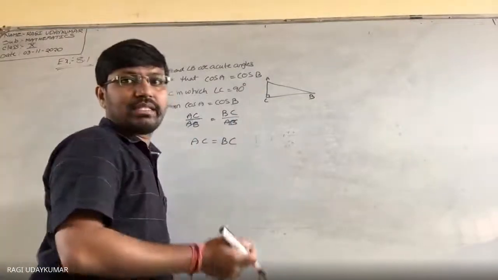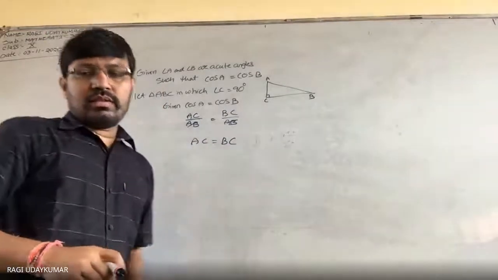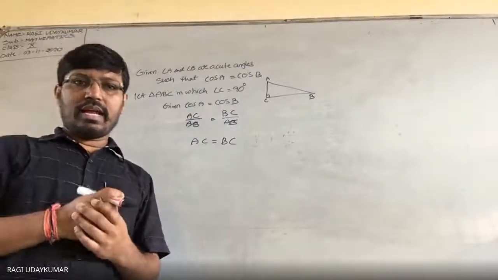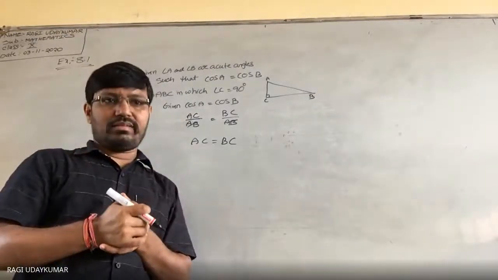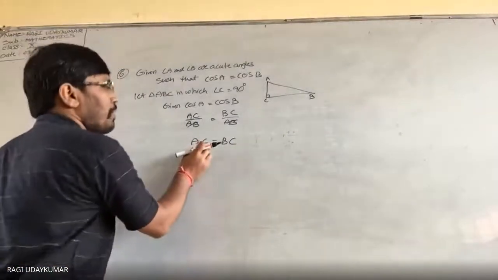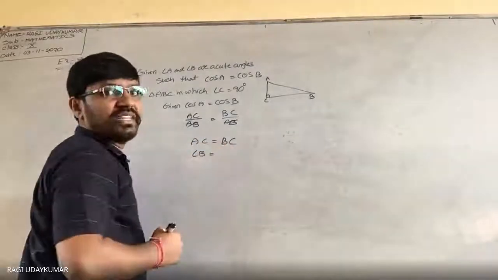In the triangle, AC is equal to BC means two sides are equal. Then the angles opposite to the equal sides are equal. Isn't it? That you have already learned in the previous class. The angles opposite to the equal sides are equal. So what is the angle opposite to AC? Angle B. And what is the angle opposite to BC?